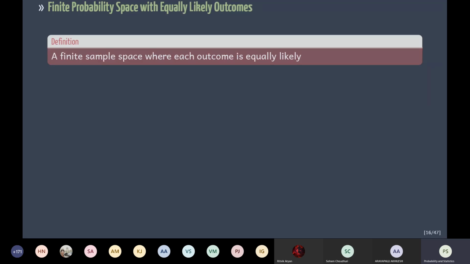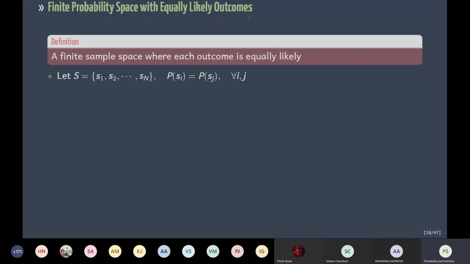Now, a finite sample space with equally likely outcomes. Here we are talking about those cases where any outcome you pick has the same probability as any other outcome you pick. Those are called equally likely outcomes.